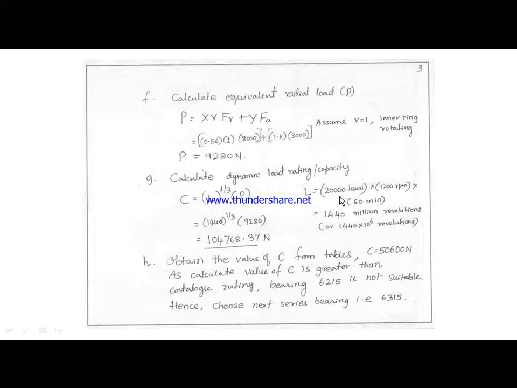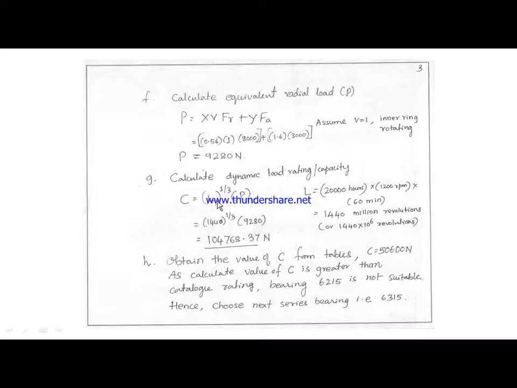You multiply this by 60 so that you get the life of the bearing in minutes. And if you multiply this by the speed of the shaft, which is 1200 RPM, you will get the number of revolutions, that is 1440 into 10 to the power of 6 revolutions, or simply 1440 million revolutions.